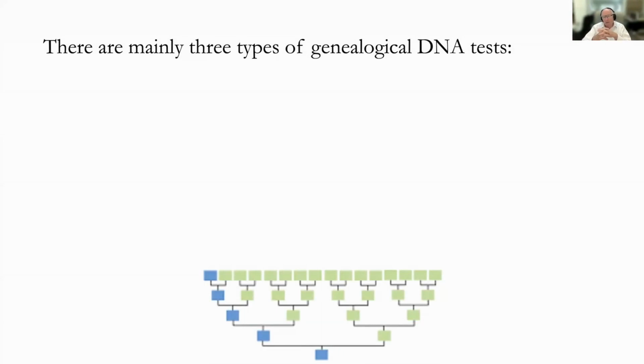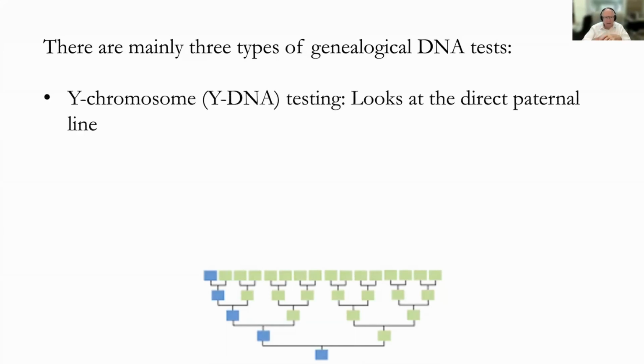So when you talk about DNA tests, there's really a number of different types, and they're mainly three types. And these are the ones that you start hearing about. Rather than getting into long jargon discussions about how all of these work, the first is called the Y-DNA or Y chromosome test, and it looks for the direct paternal line.